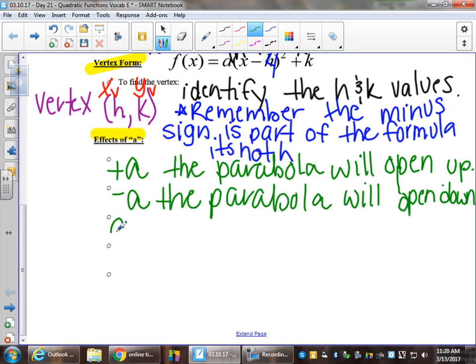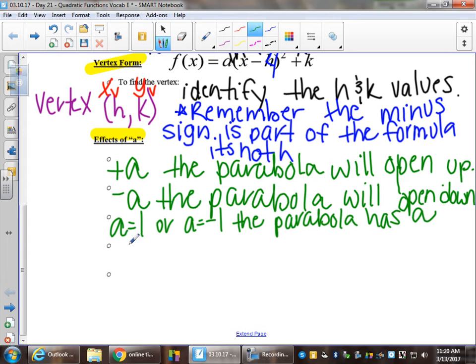If a equals 1 or a equals negative 1, the parabola has a normal width. So highlight normal width.